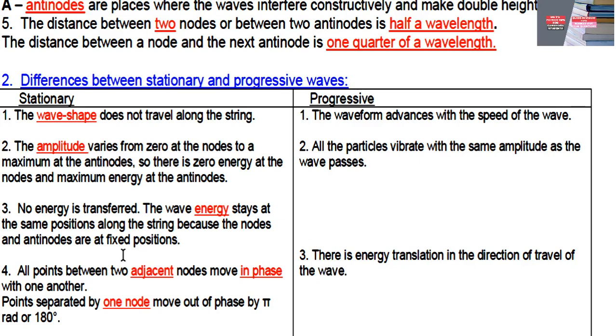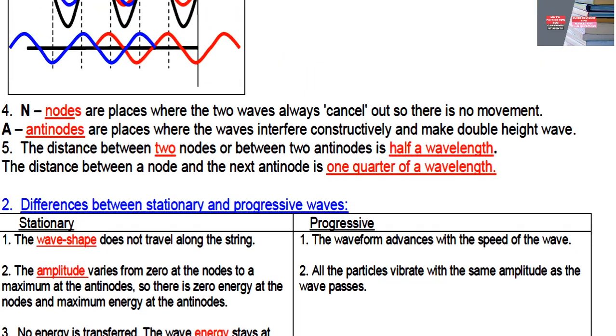All points between two adjacent nodes move in phase with one another. Points separated by one node move out of phase by pi radians or 180 degrees. So all adjacent points between two nodes all move in phase. Let's go back to there. So this is a node, this is a node.